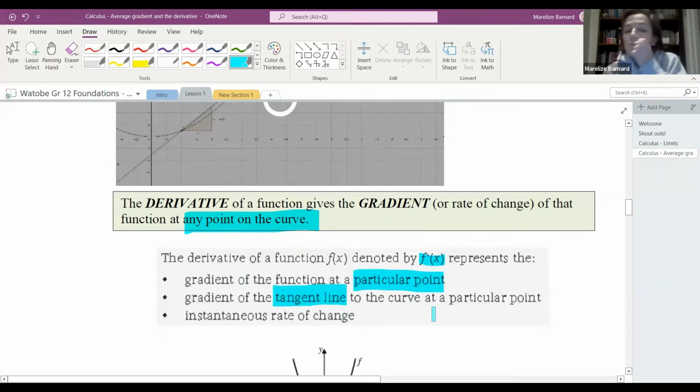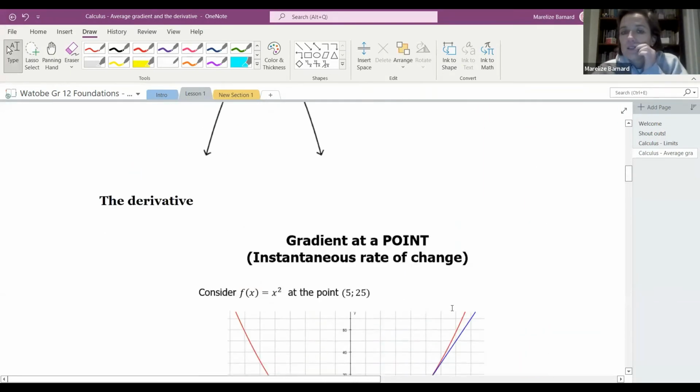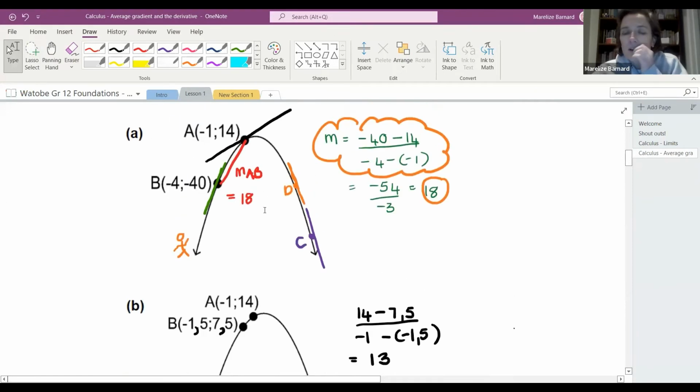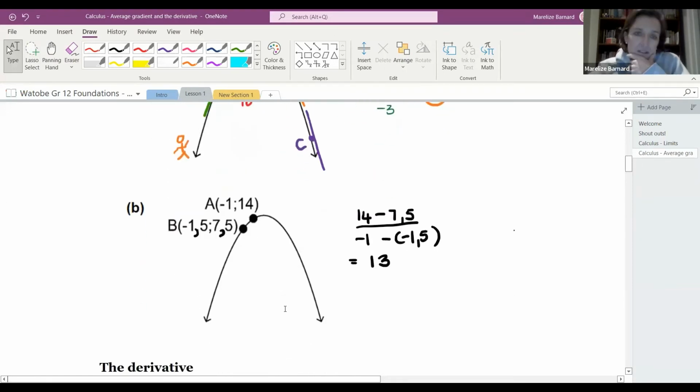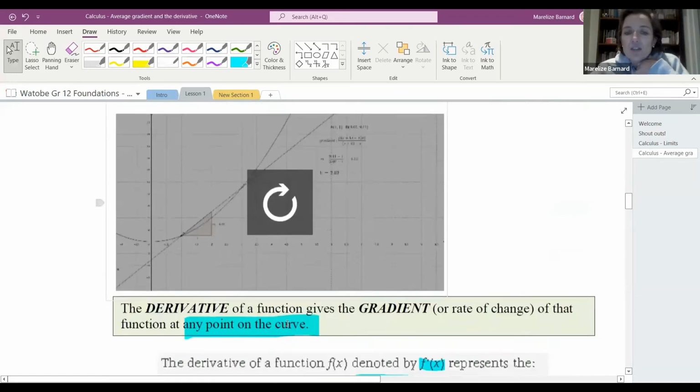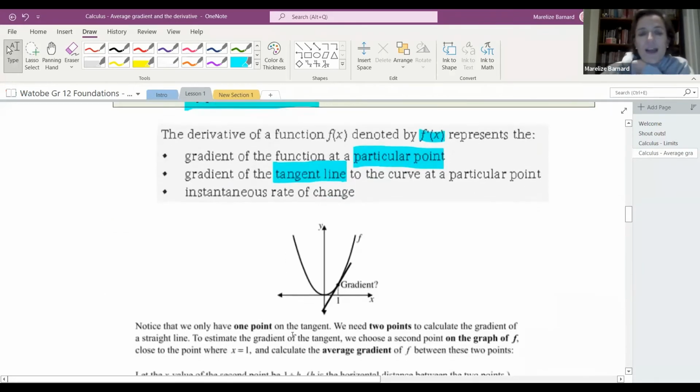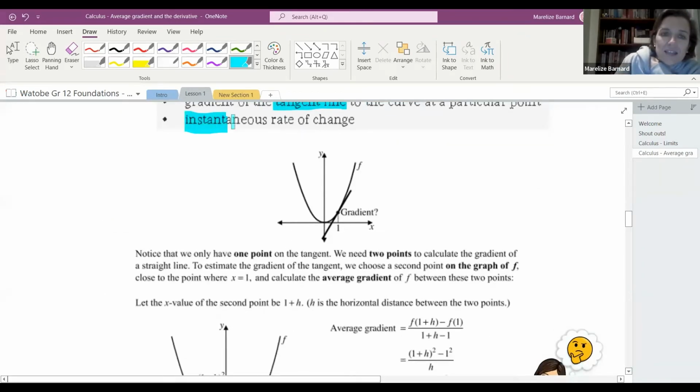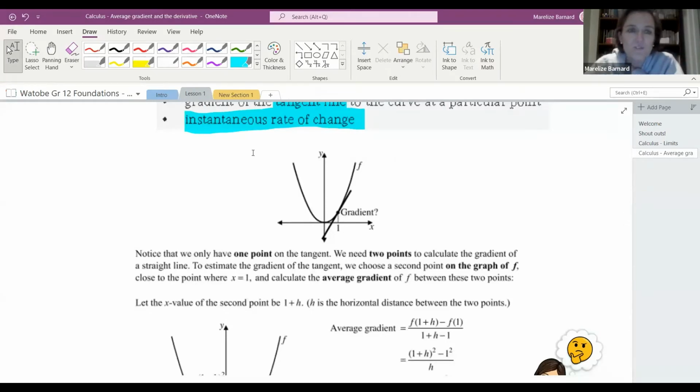If you think back to these little tangent lines that I drew on our parabola, it is the gradient of that tangent line to that curve, and it has to do with the instantaneous rate of change.